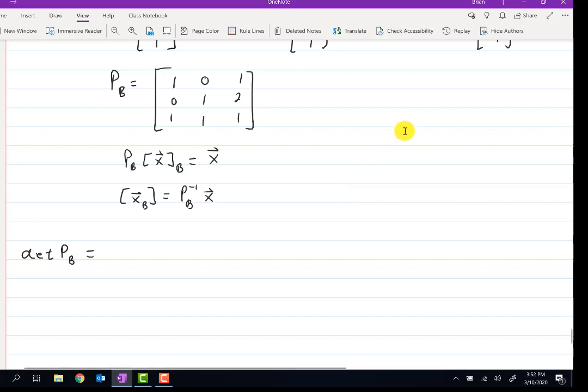I'm guessing the best I can do is probably along the first row, because I do have a zero entry. I can do the first column, but I think I'll do the first row. So I have 1 times, so I'll cancel out the row and the column. I'll be left with 1, 2, 1, 1. Plus 0 times, I really don't care about that part. Actually, it's a minus 0. Remember, the signs alternate as you go along. And then finally 1 times, and then cancel this row and cancel this column, and I get 0, 1, 1, 1.